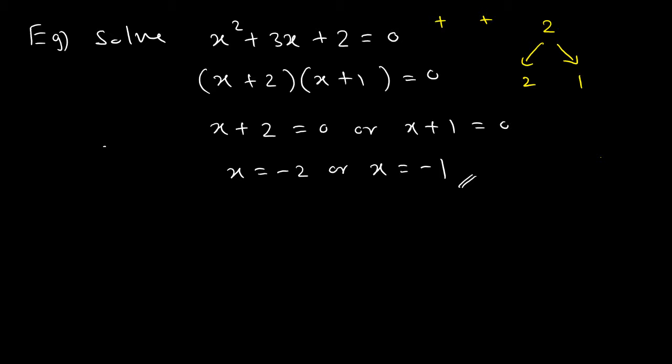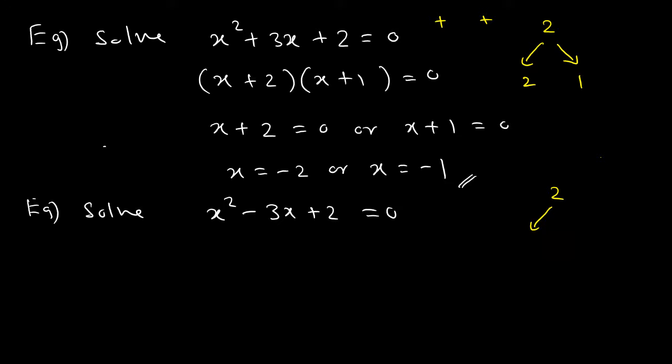So let's look at another one. The next example: solve x squared minus 3x plus 2. If you have something like that, same idea, you look at the constant term C, and find two numbers, factors of 2, so that when you multiply you get 2, and when you add them you get -3.